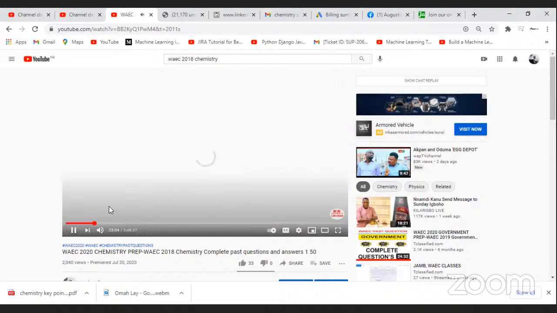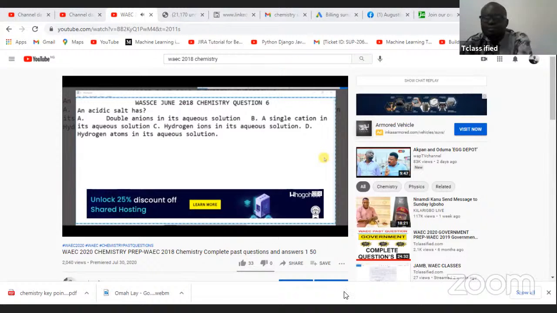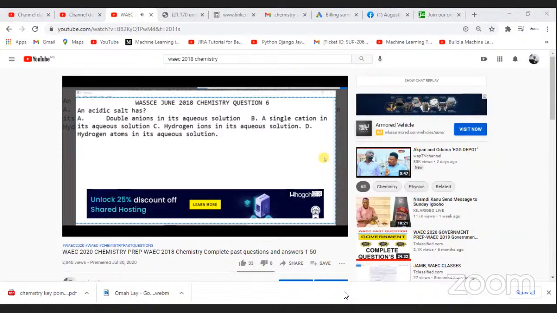Number 9. Consider the following reaction equation: Br2 plus 2KI will give us 2KBr plus iodine. What is the function of bromine here?